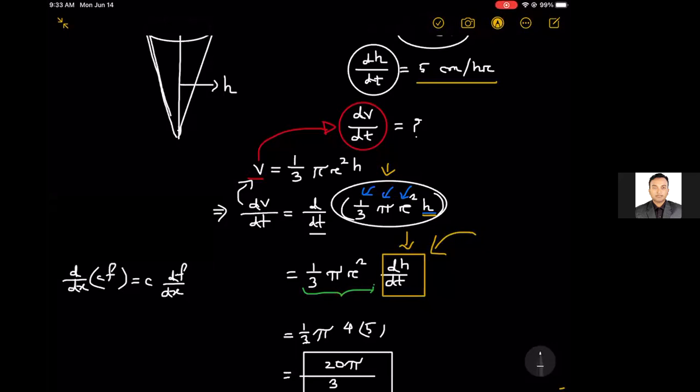Now let's see this example, and then I'll give you a chance to work on a problem like this. Okay. Let's try a more complicated one.